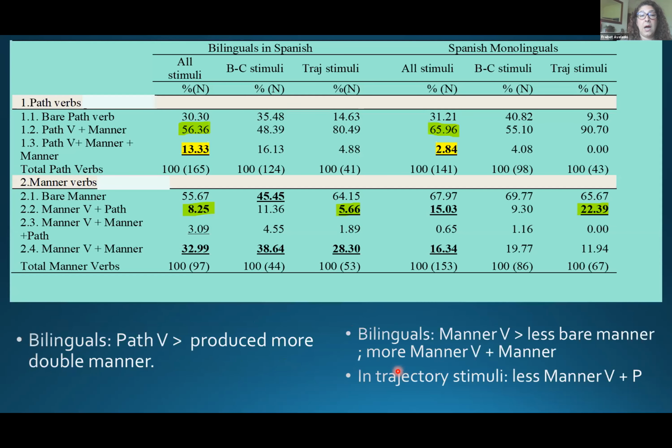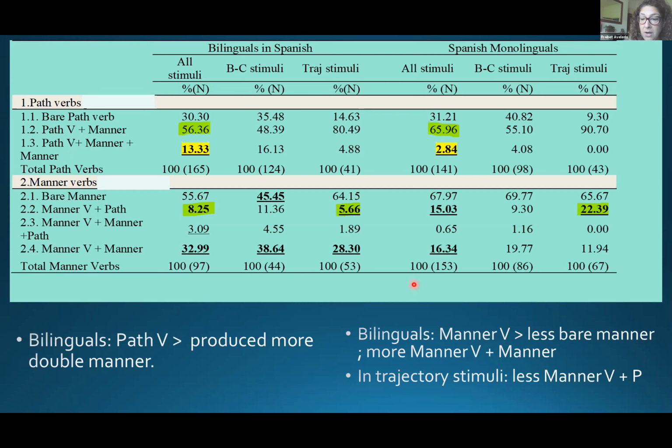So let's move now to what bilinguals did in Spanish. And in general, what I am observing is a more production, a more presence or encoding of manner concepts within the sentence. So we observe here much more double manners than in Spanish monolinguals.